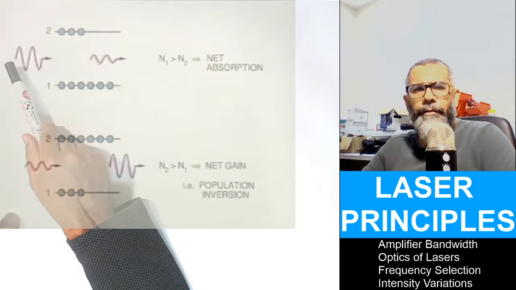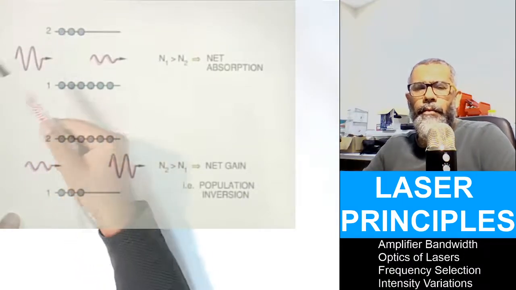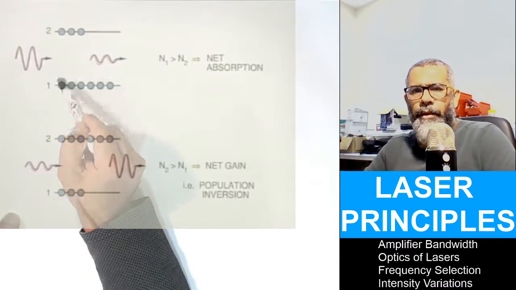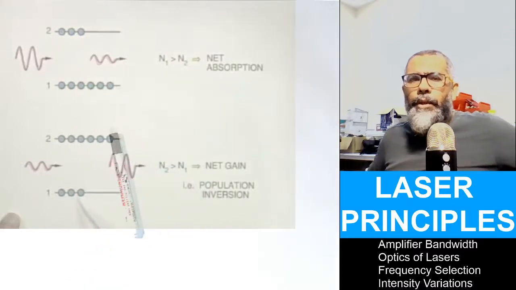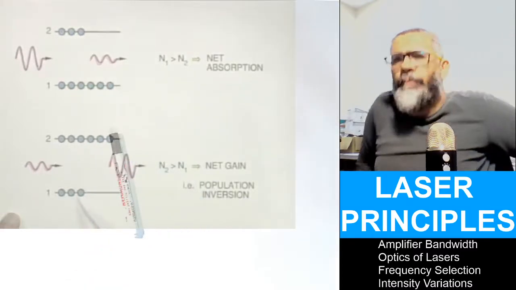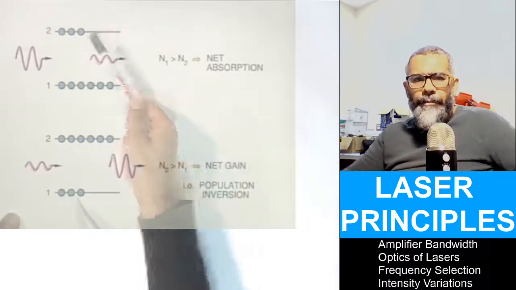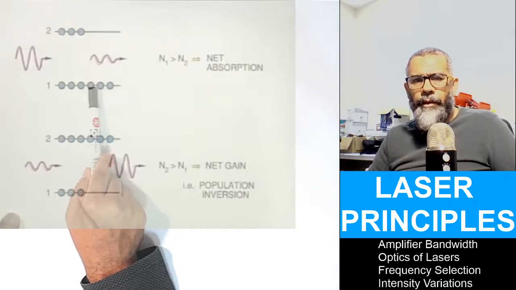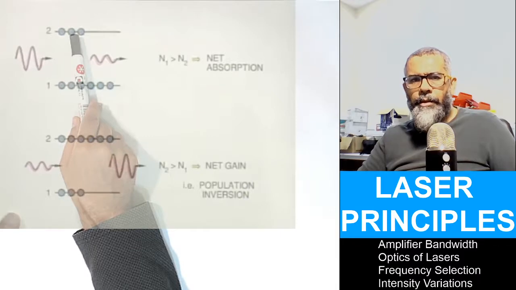So if you have an input light which is at resonance, what I mean by resonant is that the input light frequency just matches the energy difference between these two levels, this medium will act like an absorber. Why? Because it has more atoms in the ground state than in the excited state.